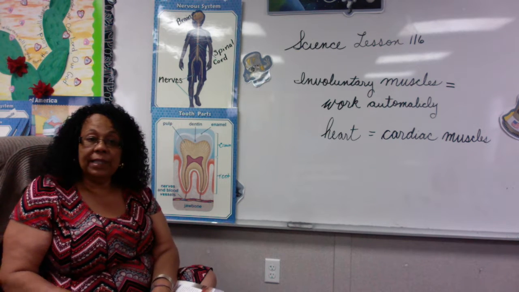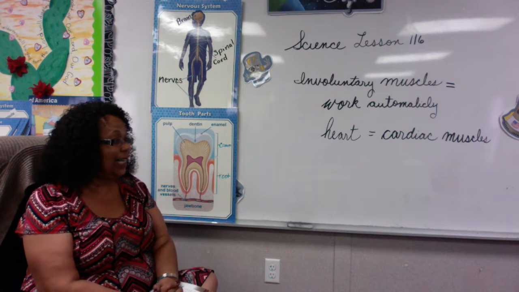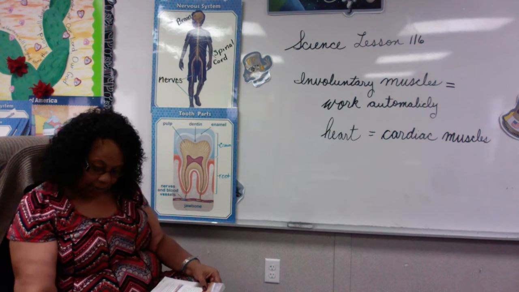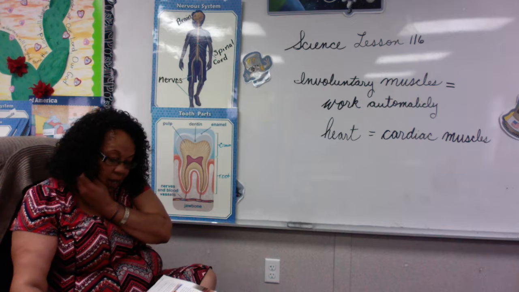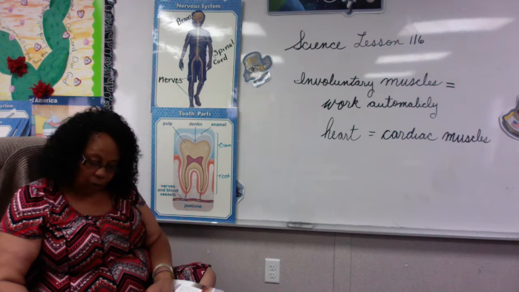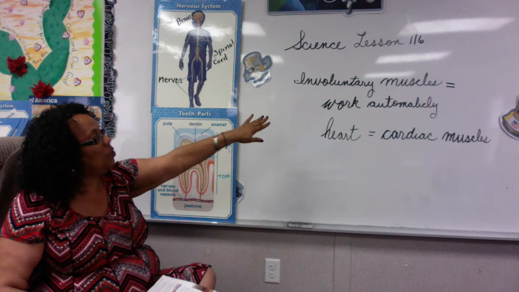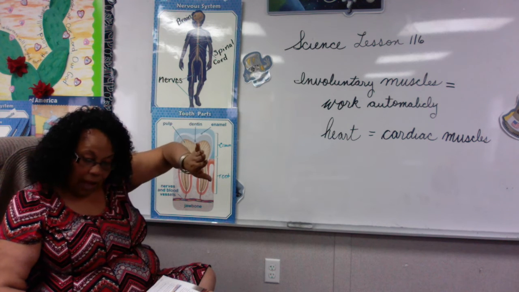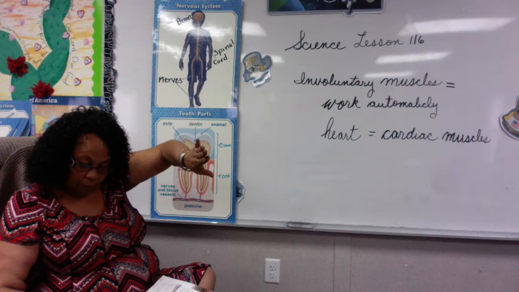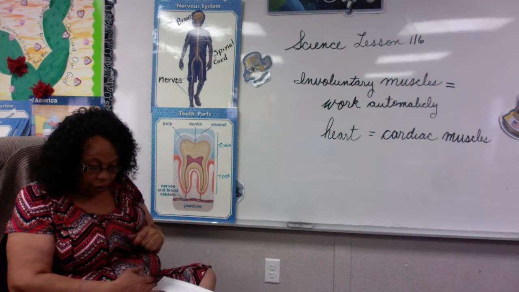One of the recommendations is to have a healthy diet, high in green, and to exercise, believe it or not. In your book on page 319, it more or less explains what I just told you, that your involuntary muscles are muscles that work automatically, that they work without you telling them to, and that your heart is your cardiac muscle.